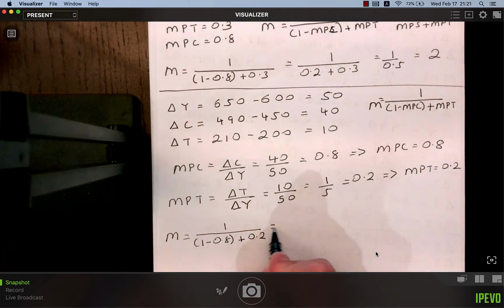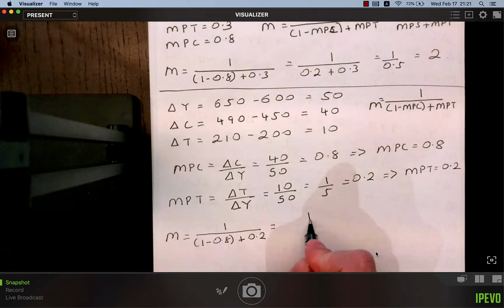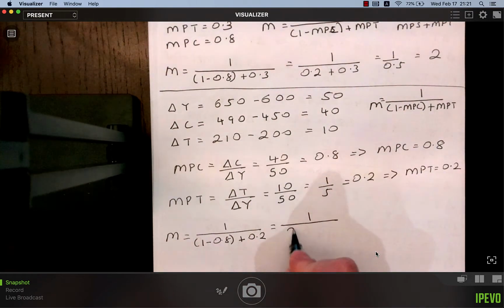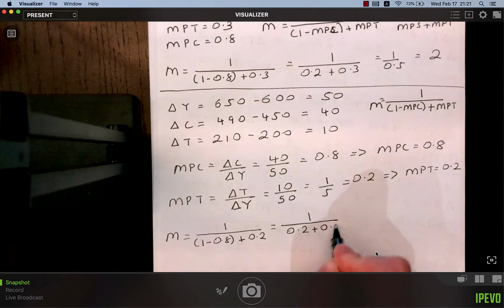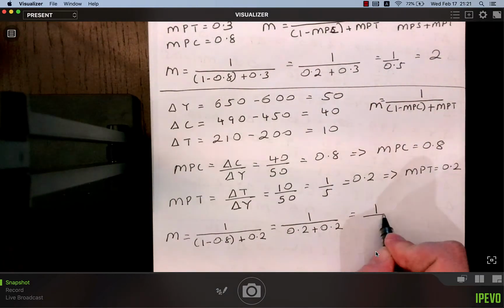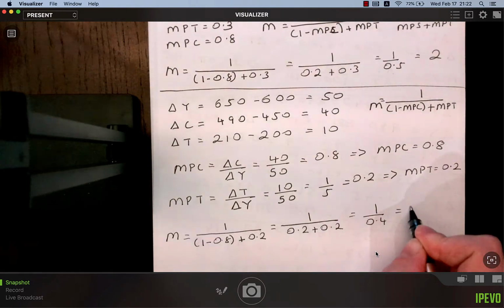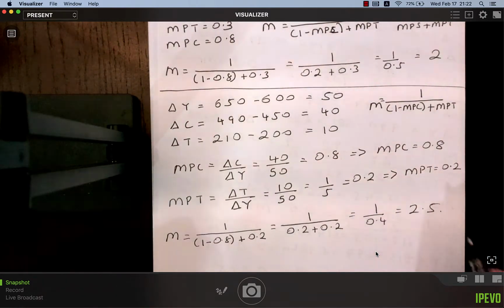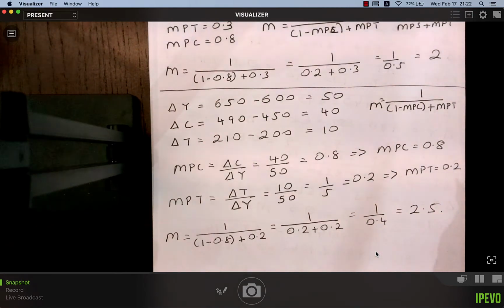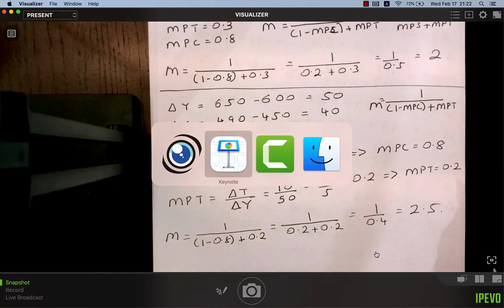Now that equals 1 over 0.2 plus 0.2, which equals 1 over 0.4, which equals 2.5. In this question, the multiplier is 2.5. That means any initial injection into the circular flow of income will cause national income to rise by 2.5 times that injection. Remember that phrasing.